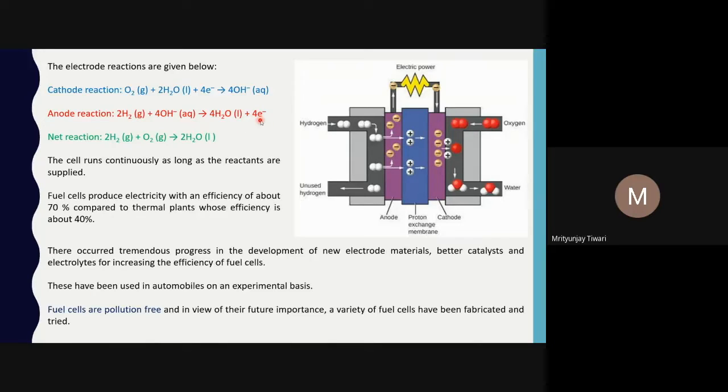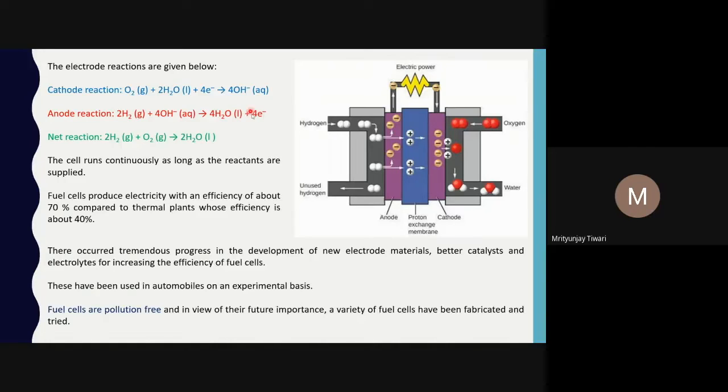The oxidation takes place here because electrons are released, and the hydrogen goes from 0 to +1 oxidation state, thus it is oxidized. So the oxidation of hydrogen takes place at the anode.